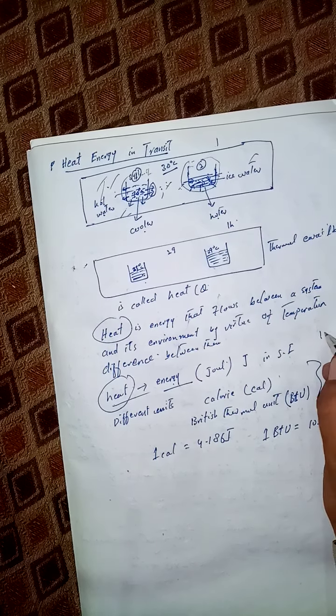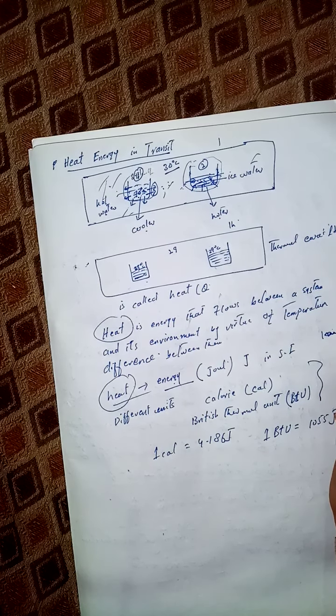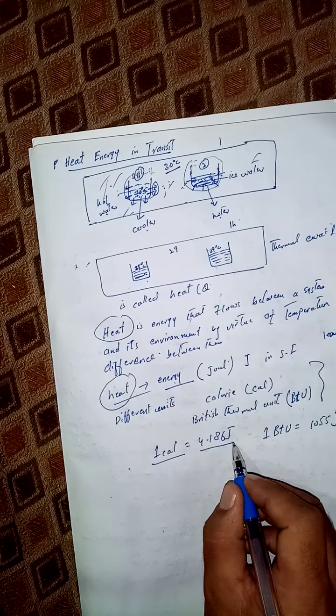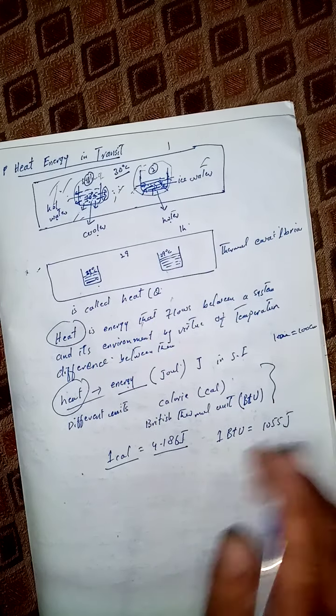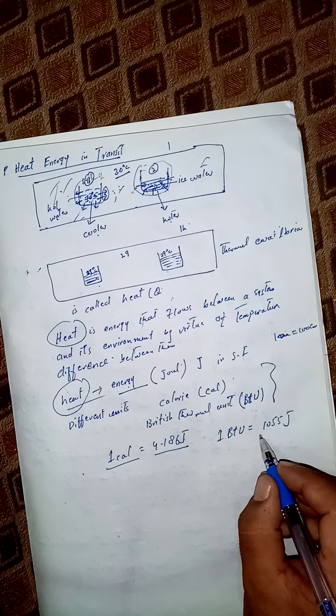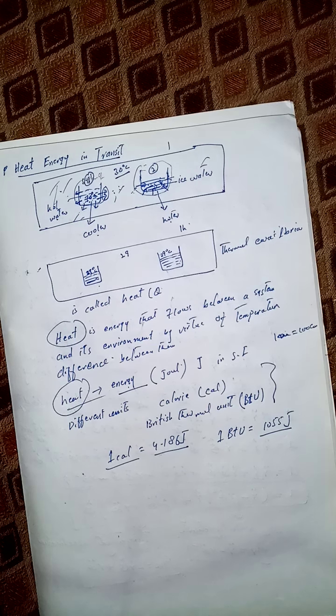Like we can say that 1 meter is equal to 100 centimeters. Similarly, 1 calorie is equal to 4.186 joule, and 1 British thermal unit is equal to 1055 joule. This was all about heat energy in transit.